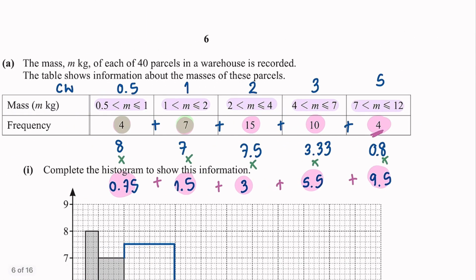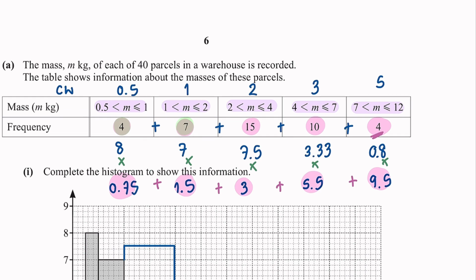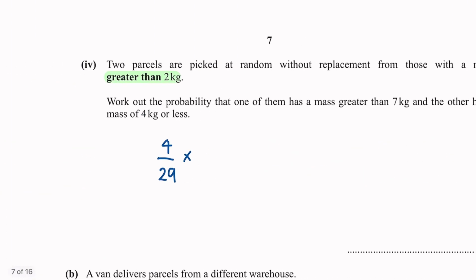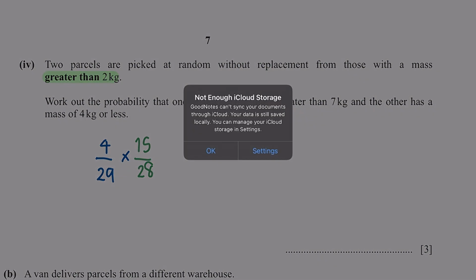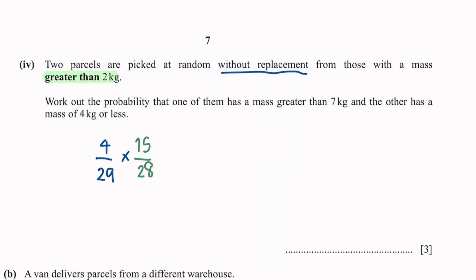Therefore, a mass which is 4 kilograms or less and greater than 2 kilograms is this 15. Therefore, 15 over 28 because they pick without replacement.